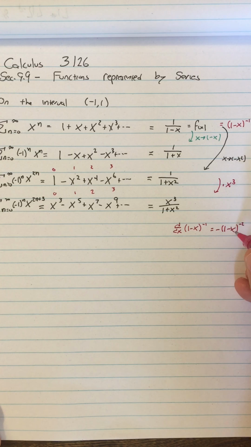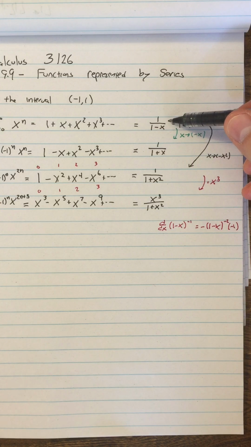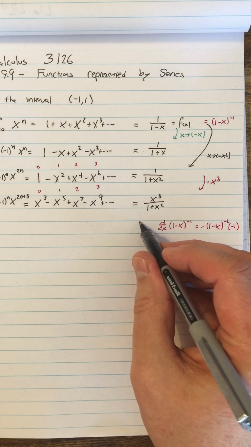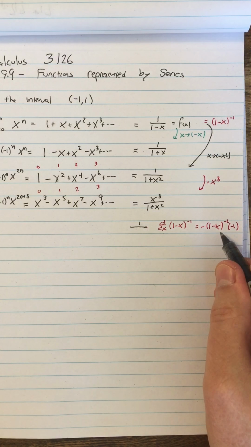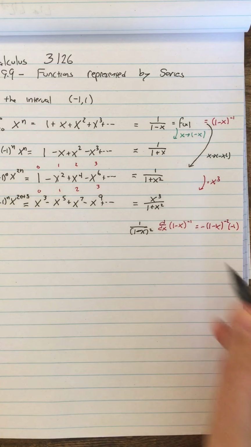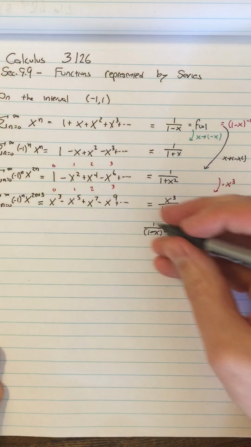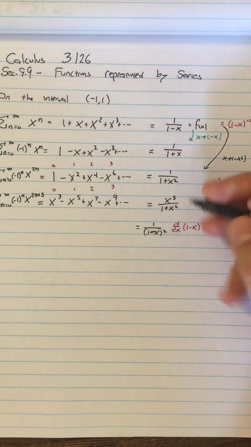And then I have chain rule because there's a negative inside parentheses there, so I'm going to have to go times negative 1. So what I end up with for the derivative of this function, 1 over 1 minus x, is positive 1 over 1 minus x squared.